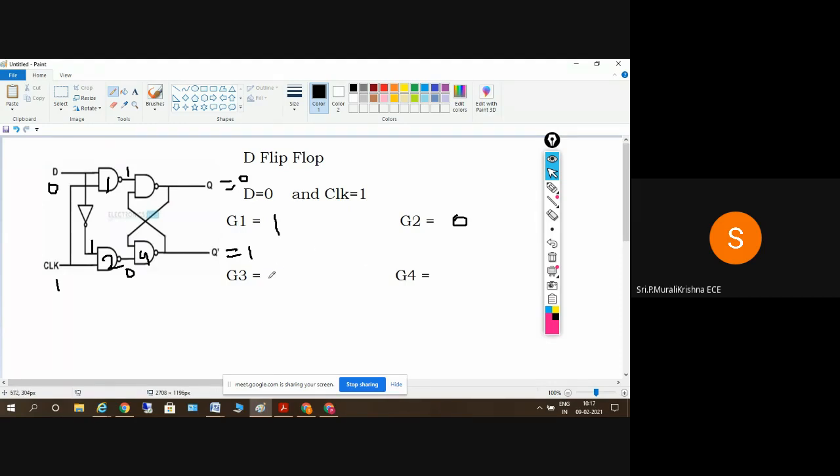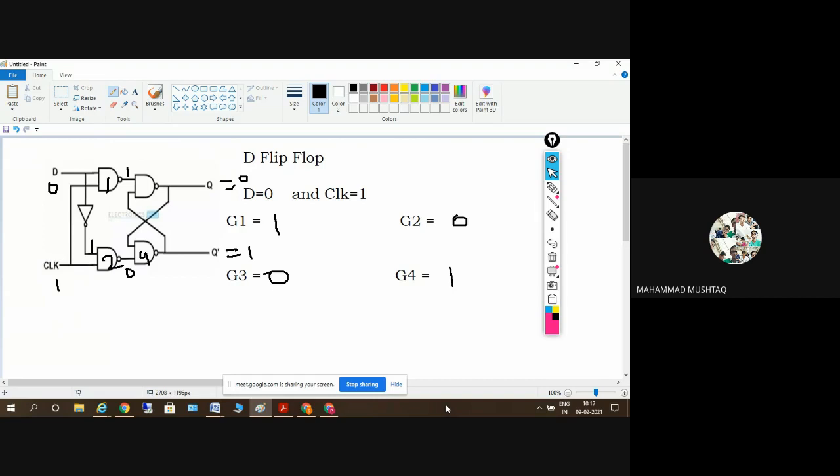So when G4 is 1, automatically the value of G3 is equal to 0. Yes or no? Yes, sir.